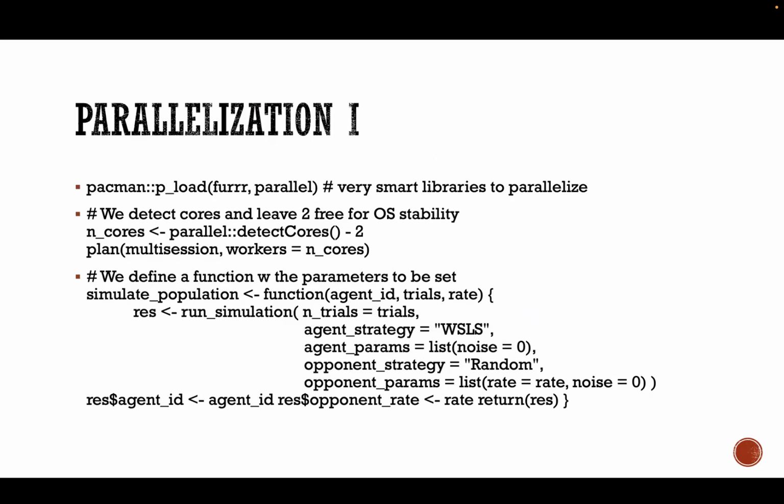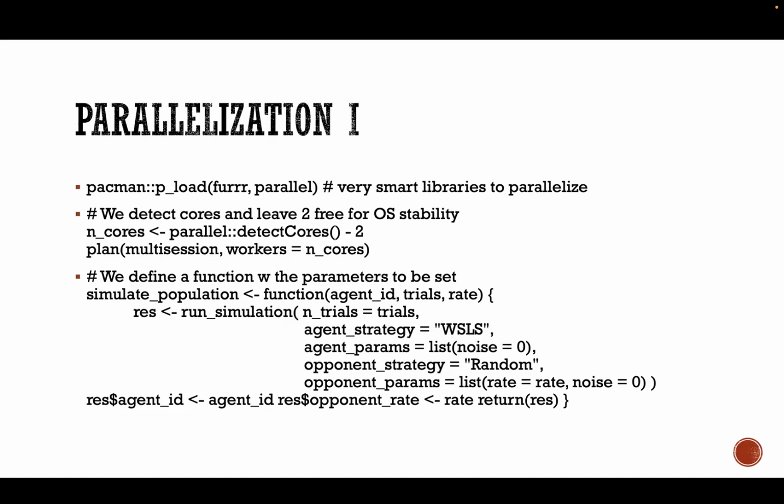Then we define a function that we want to parallelize. In this case it's called simulate population. It takes an agent ID, the number of trials, and the rate. Here I think I should have also put noise. I forgot. See, doing things just before teaching.